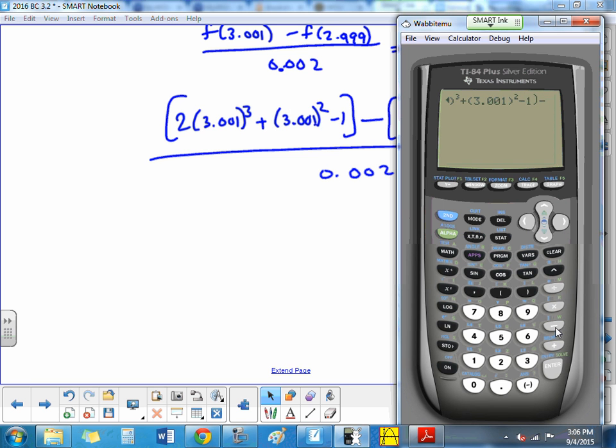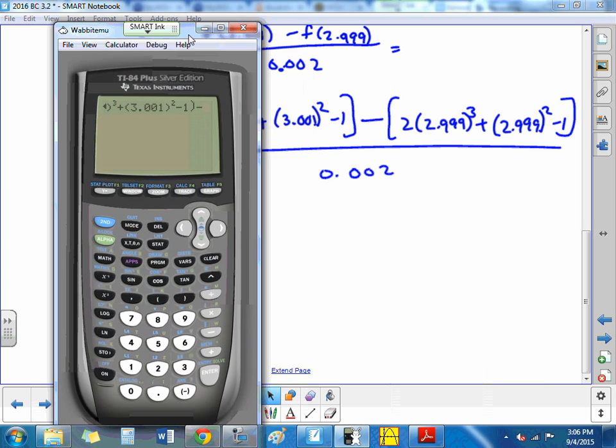Minus, probably didn't need that parentheses now that I think about it. For this next part we will. Minus 2 times 2.999 cubed plus 2.999 squared minus 1. And that gives us this.